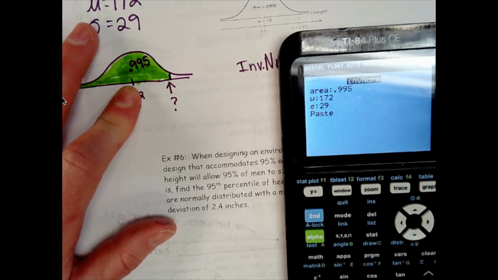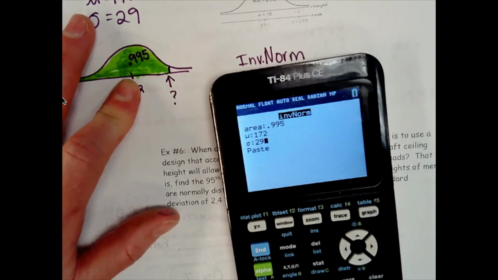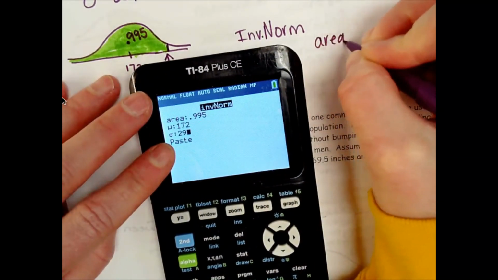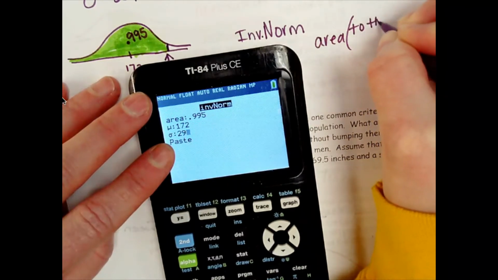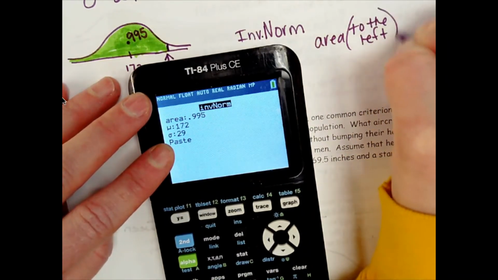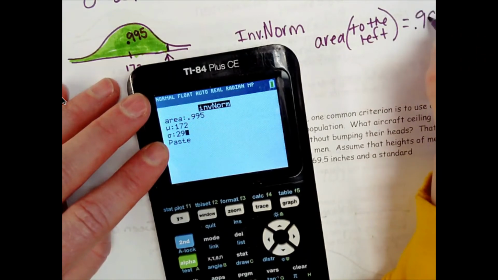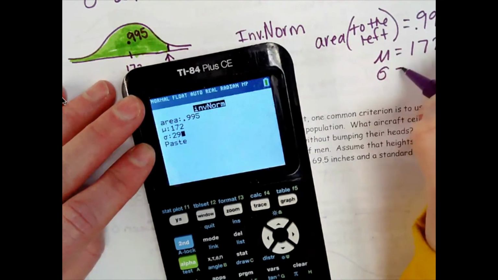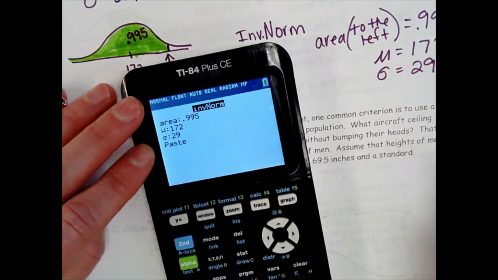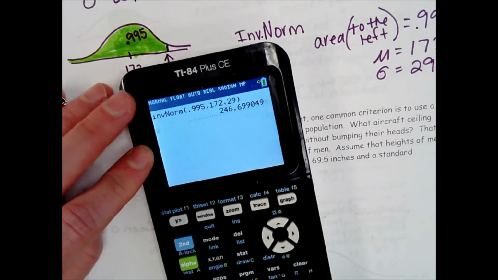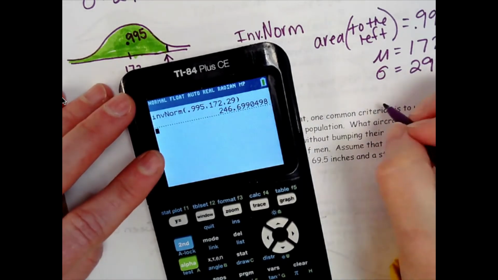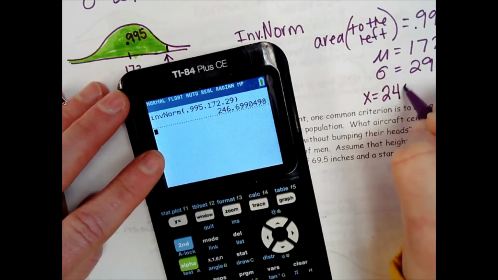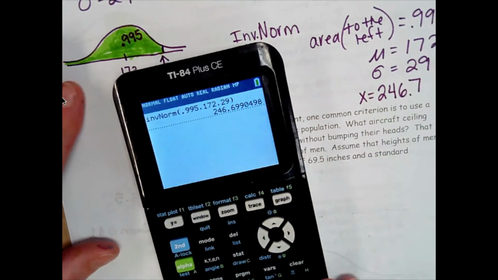Standard deviation is 29. Whenever it talks about area on here, it's always to the left. So my x value is 246.7.